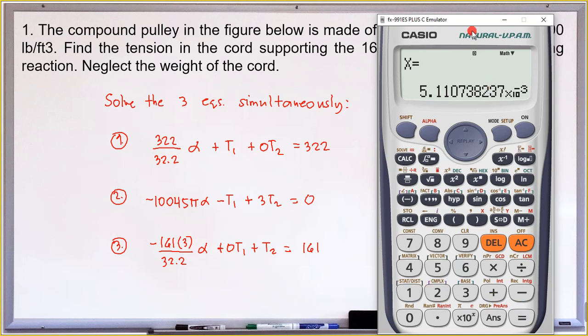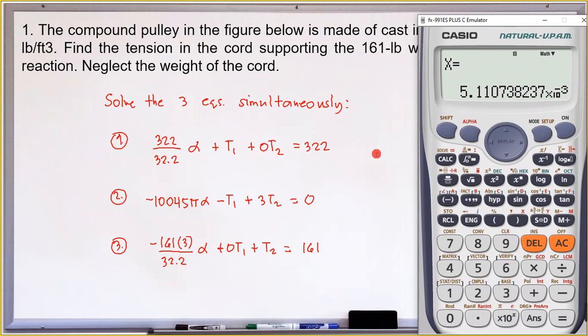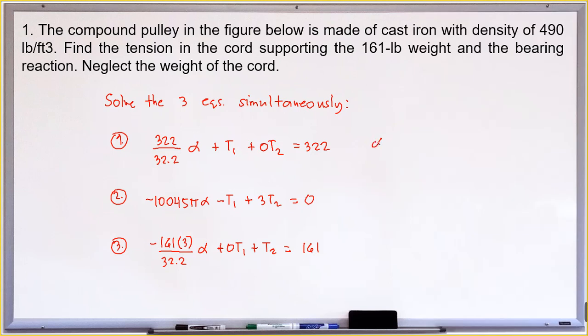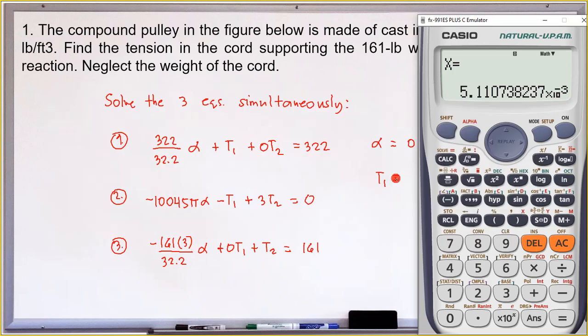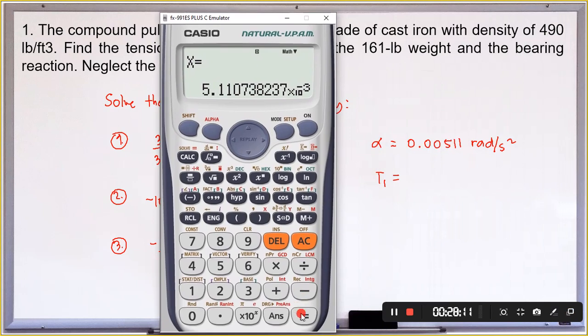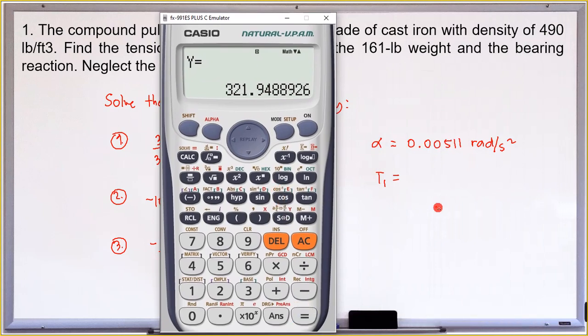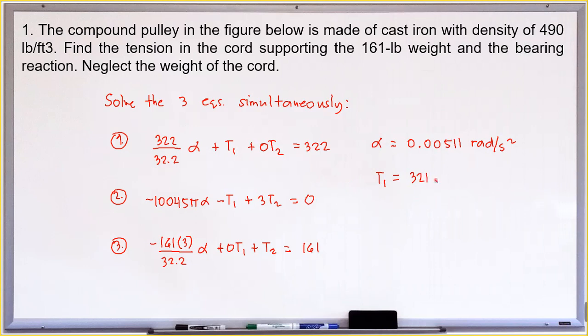So the first is our acceleration, no? Alpha, which is very small, 5.11 times 10 to the power of negative 3. So alpha is equal to 0.00511 radian per second square. And then the next nga atong kuhaon is T1, which is 321.95 pounds.